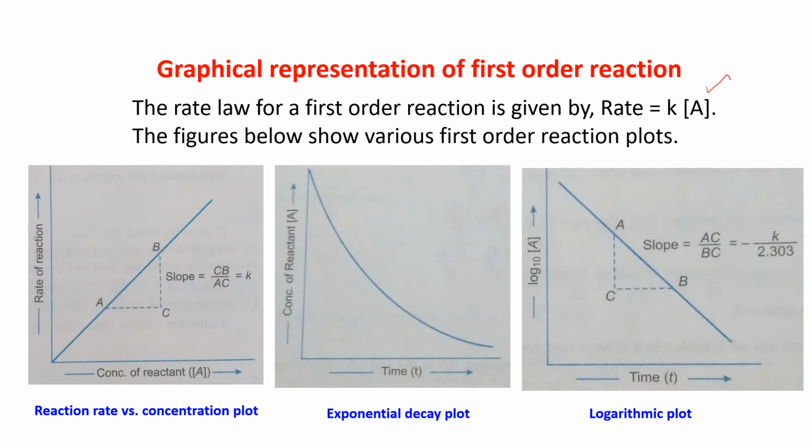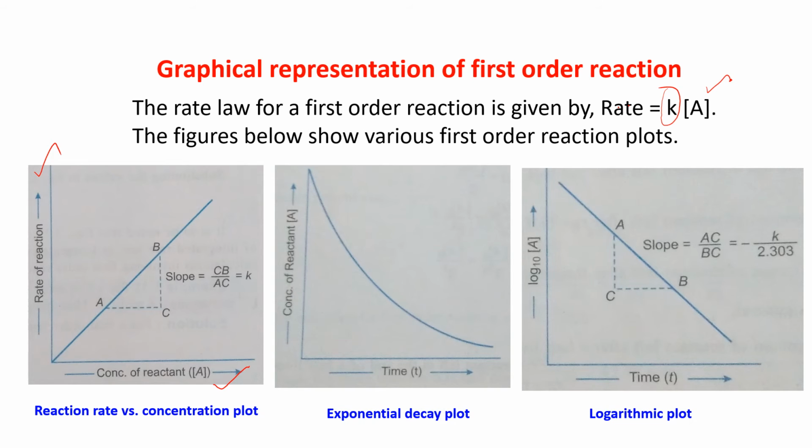Now rate is dA by dt. If we plot a graph of rate of a reaction versus concentration of the reactant, it will give the value of k.